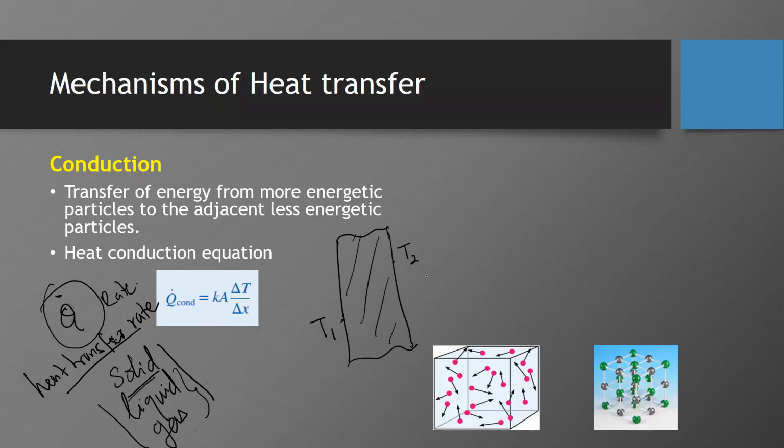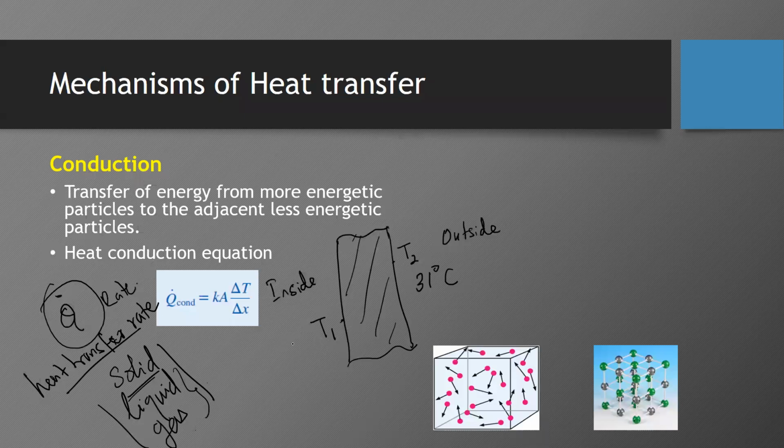So the outside temperature is, let's say, 31 degrees Celsius. This is outside, and this is inside of your room.